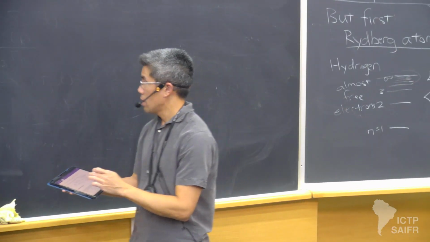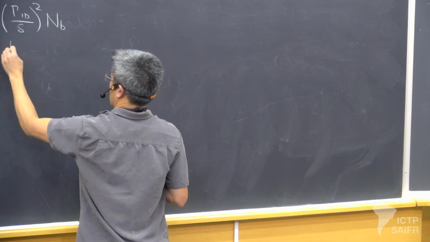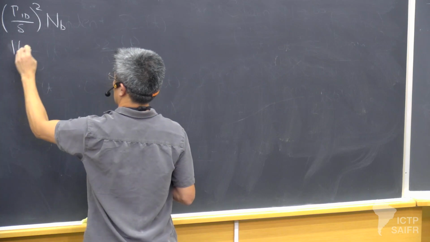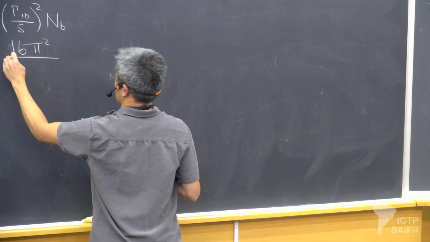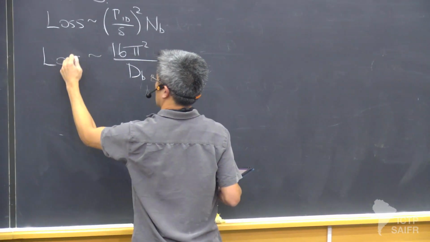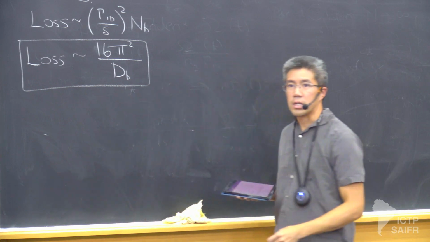And if you work it out with all the factors of 2 and pi put in, it's 16 times pi squared divided by the optical depth per blockade region.